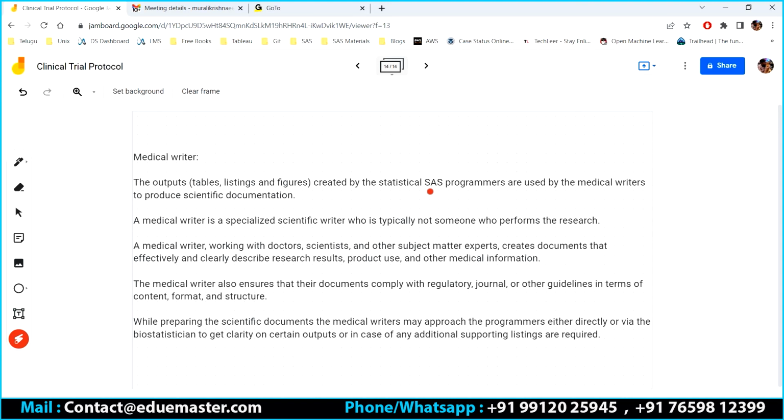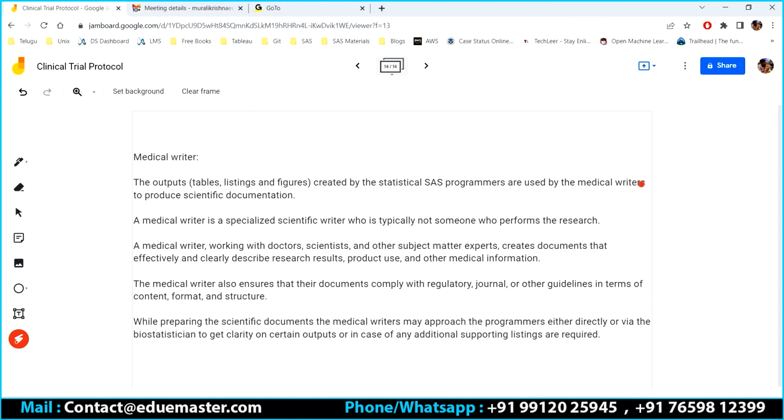So what they need to do now, since they are not aware of how to utilize the SAS tables, listings, and figures, is that this medical writer comes into the picture.